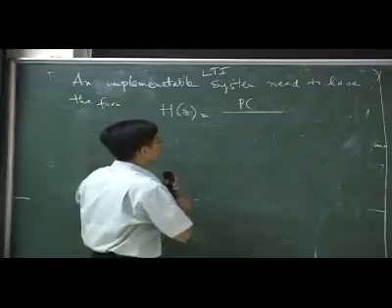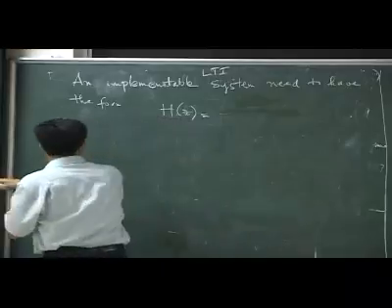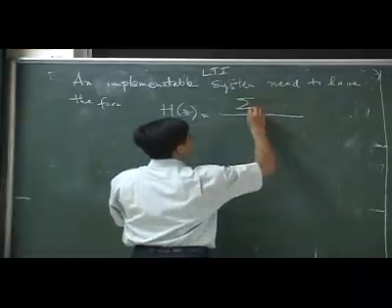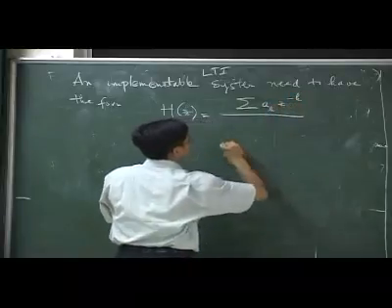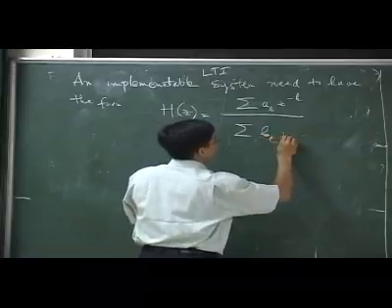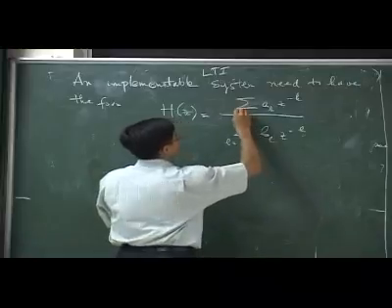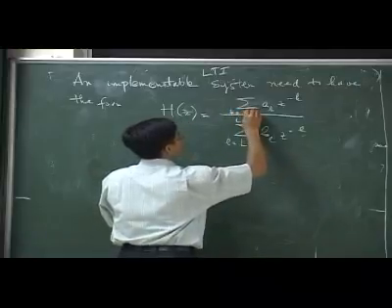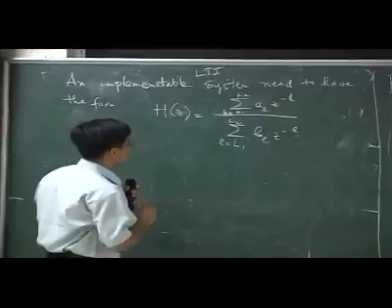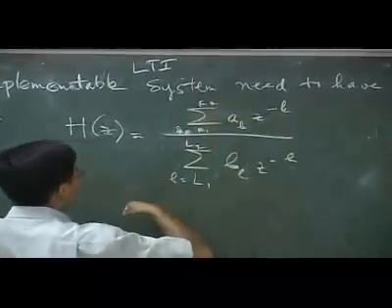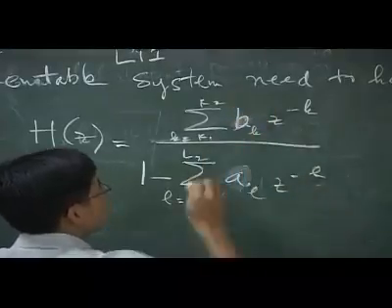So maybe I can write it explicitly in this form: the summation of A_K Z to the minus K, and the summation of B_L Z to the minus L, where L can go only from L1 to L2, and K only from K1 to K2. I got everything completely upside down. It had to be 1 minus A, and it had to be B on top.